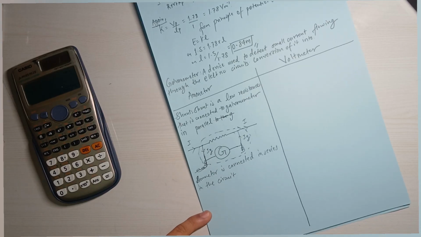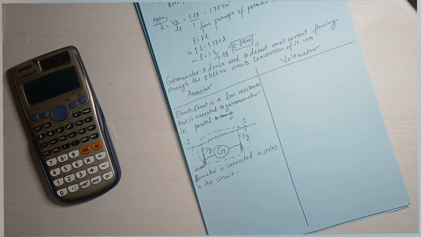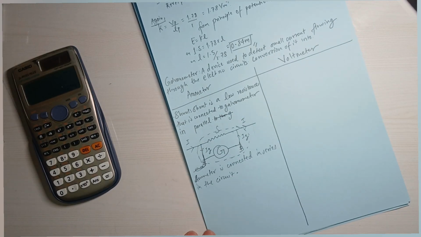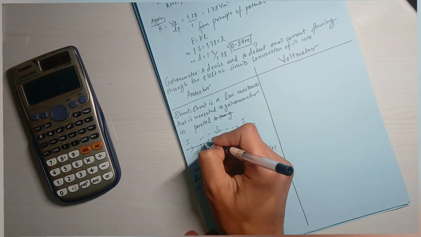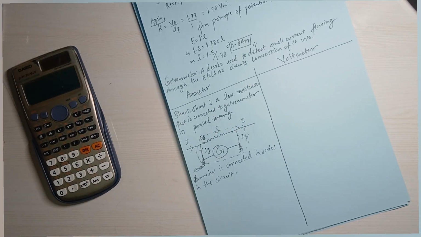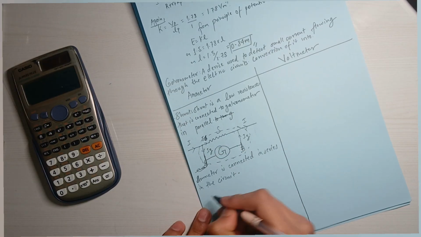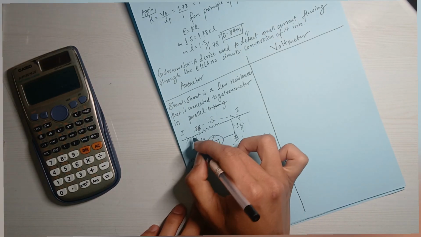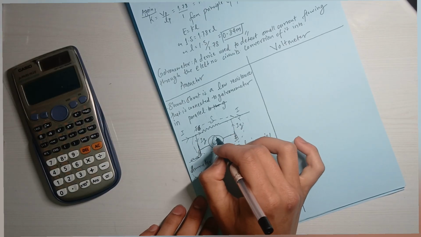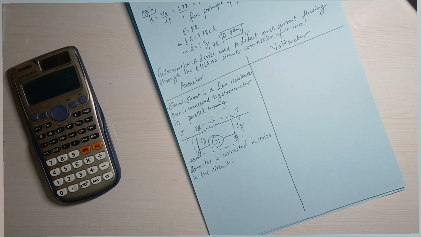The value of the shunt S can be found out by the potential difference. You just equate the potential, so you equate this to this, because this must be equal to this.